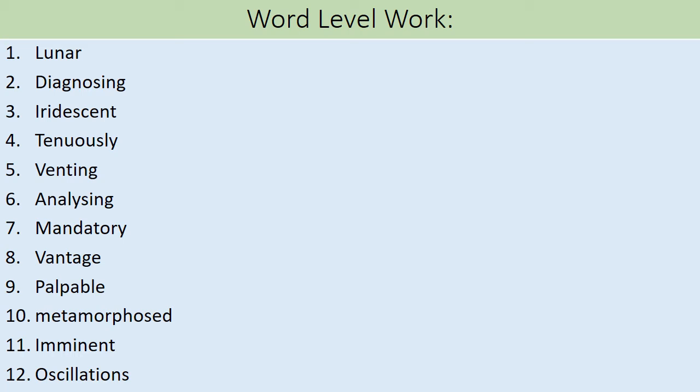The 12 words are lunar, diagnosing, iridescent, tenuously, venting, analyzing, mandatory, vantage, palpable, metamorphosed, imminent, oscillations. So you may find the meanings from the dictionary as well for the ones which I have not given.